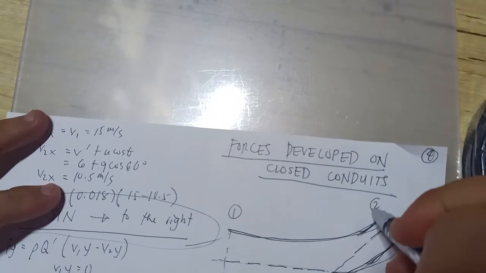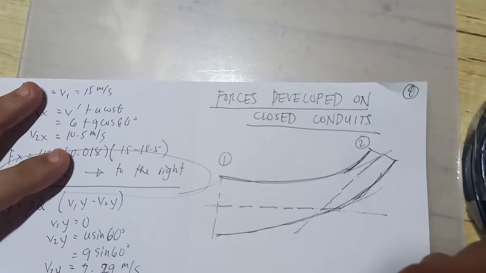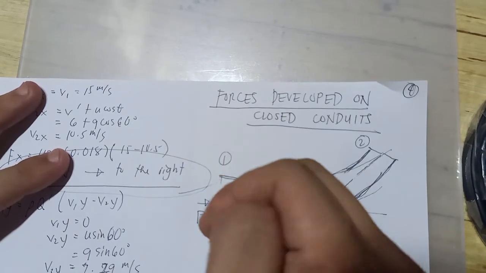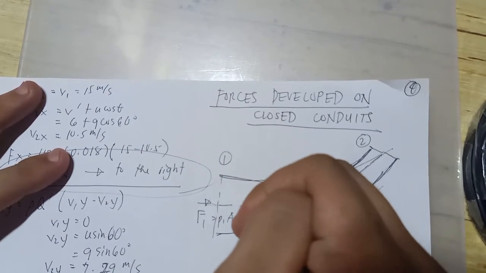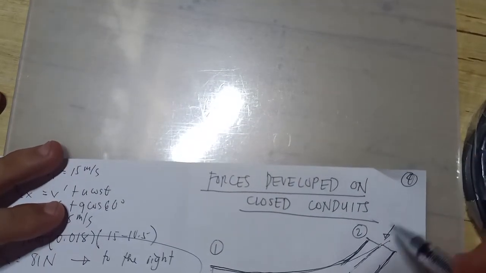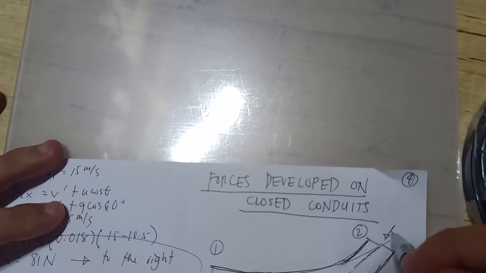So 1, 2, forces F1 equals to P sub 1 A sub 1, and this one is going inside, we're going to the bend, I mean closed conduit.